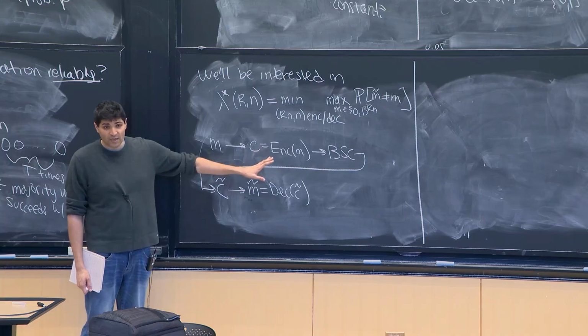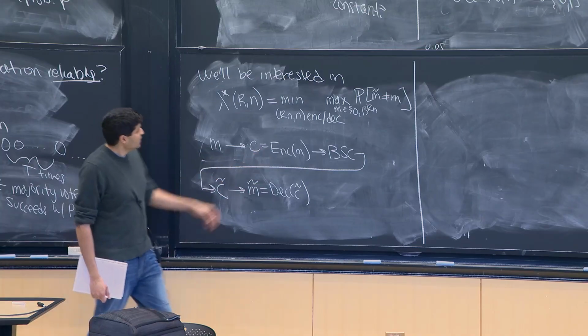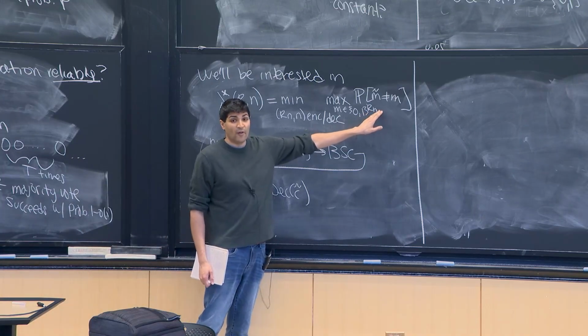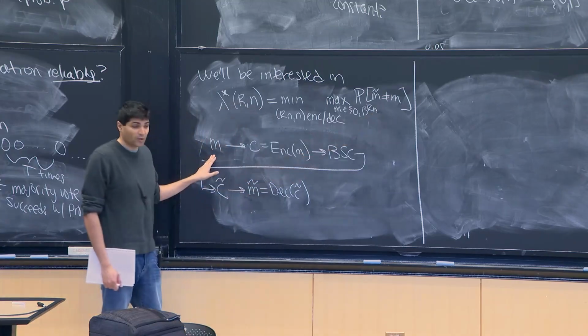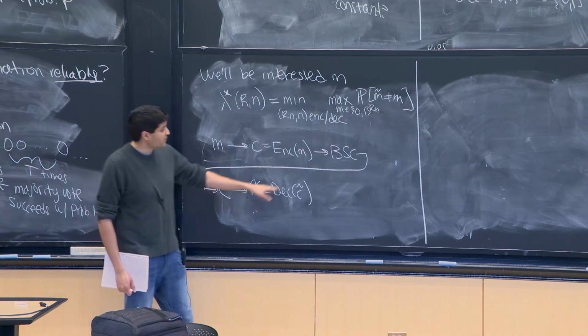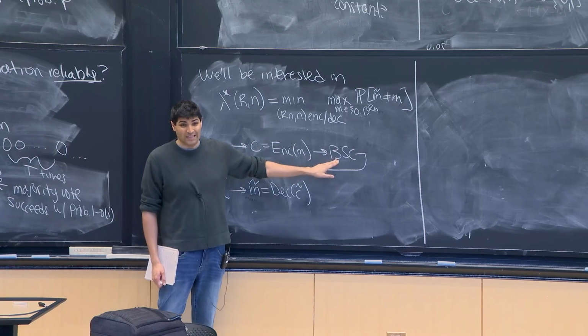So this is a lot of notation, but it's really very natural. Inside right here, I just care about the probability that I successfully decode the message you were trying to send to me, despite the fact that the binary symmetric channel has introduced errors.